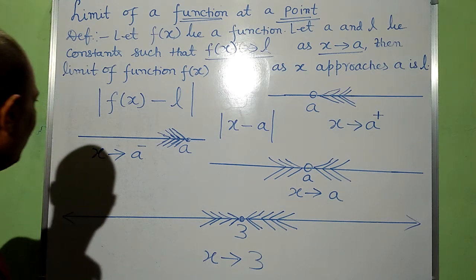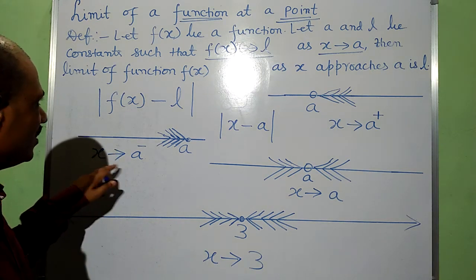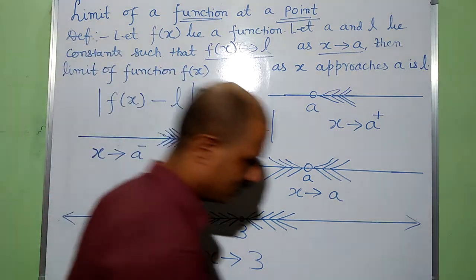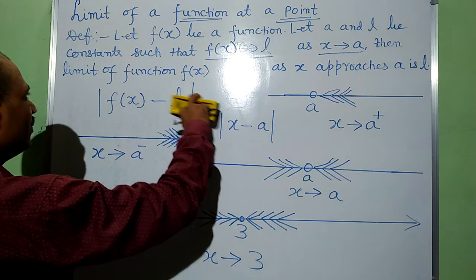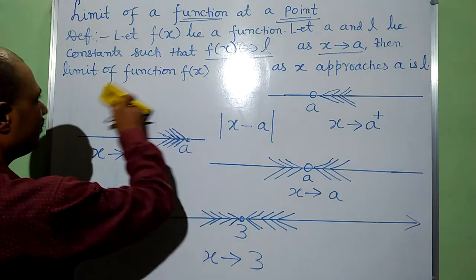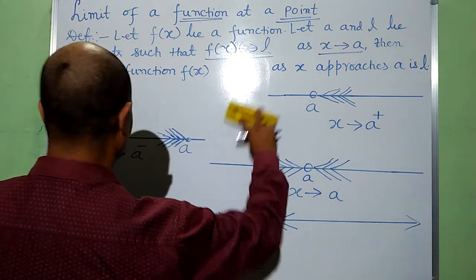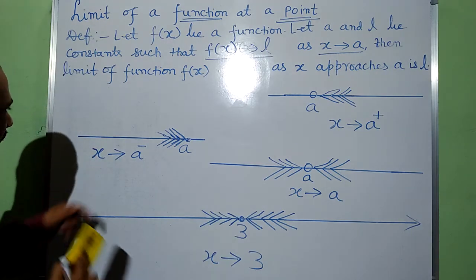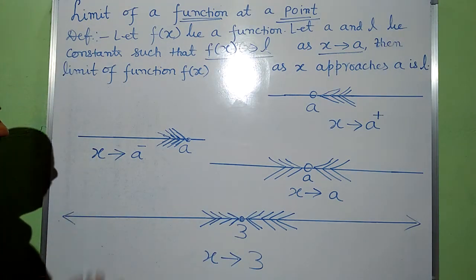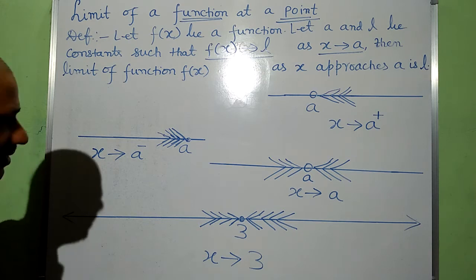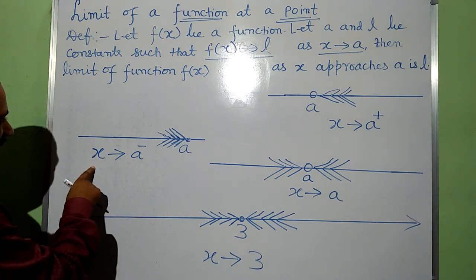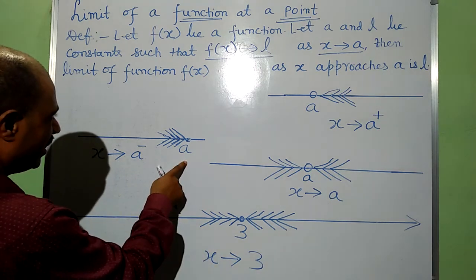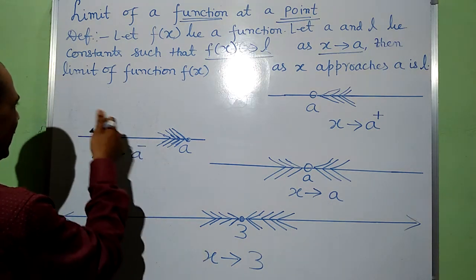Now, try to understand x tends to a. What is the meaning of x tends to a? Here, the value of x is slightly less than a, so x is approaching a from the left side.